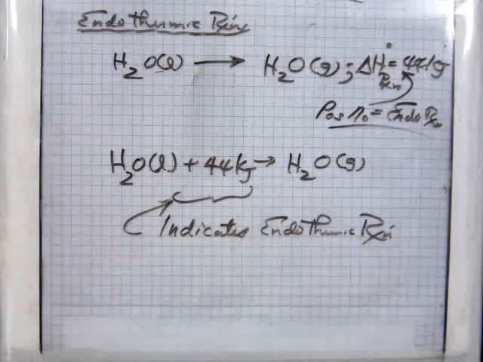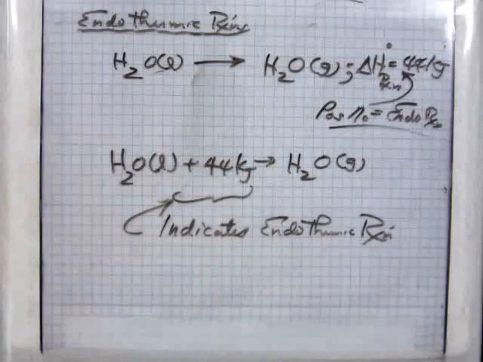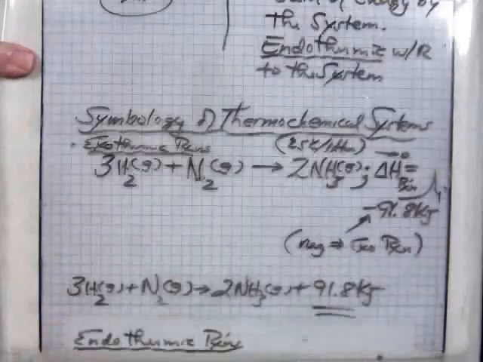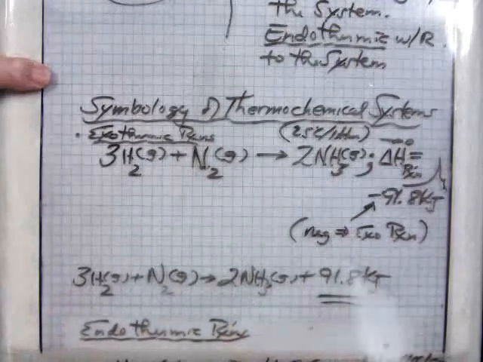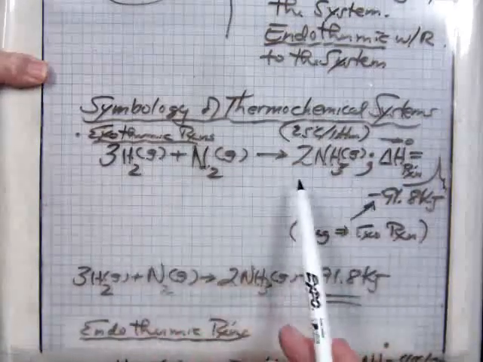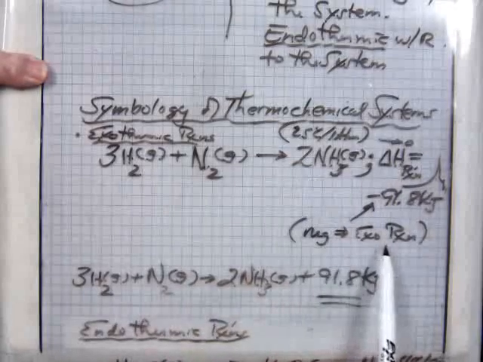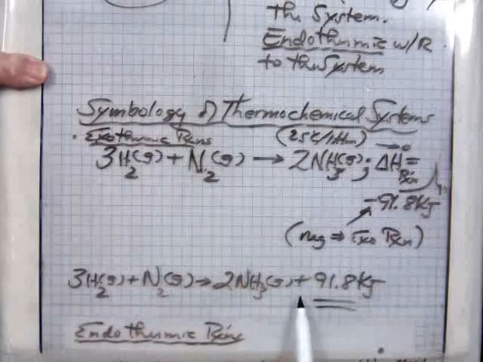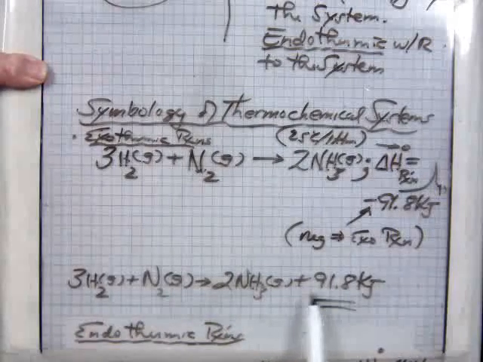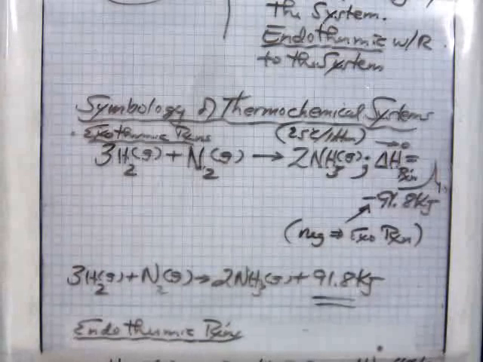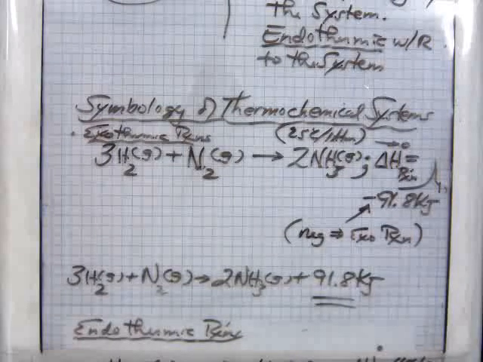Now, you never put negatives in the body of the reaction notations. See here in the first example with the production of ammonia, it was exothermic, but when we incorporated it into the equation, we said plus 91.8. What says it's a loss of energy is the fact that we placed it on the product side. So that's the notation you need to check mark in your notes to be sure you understand.